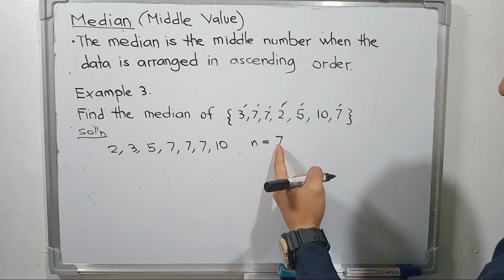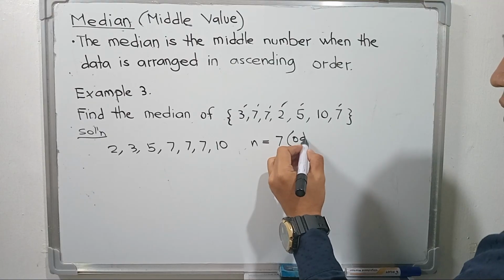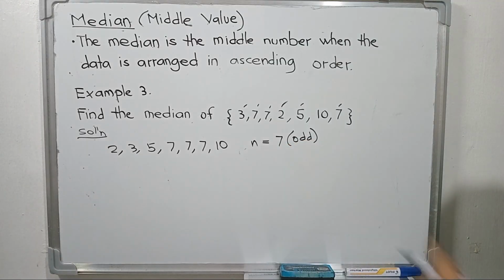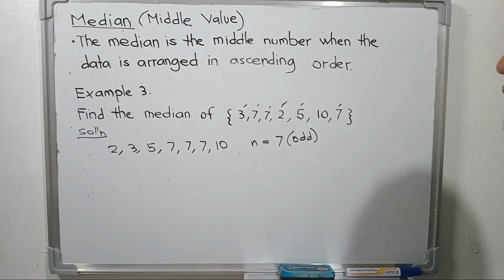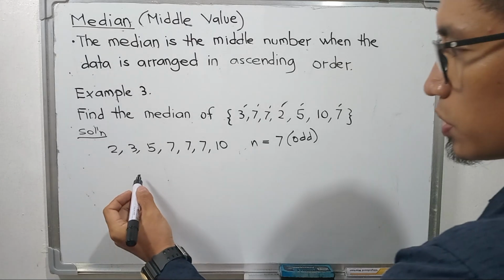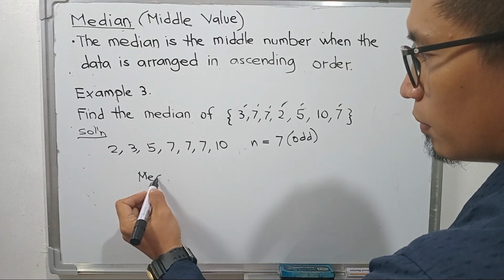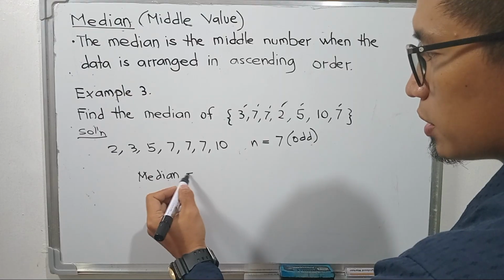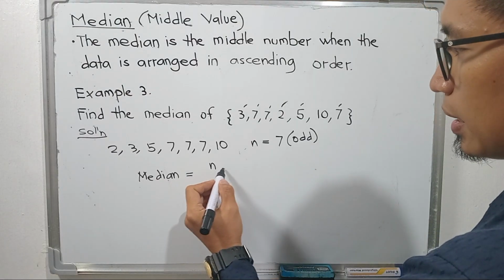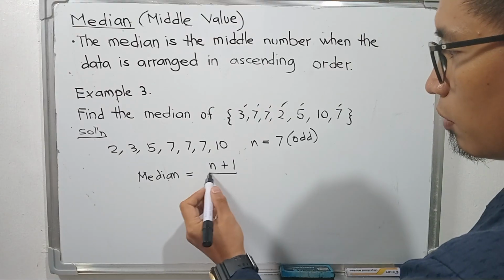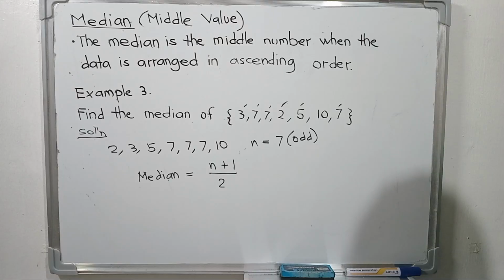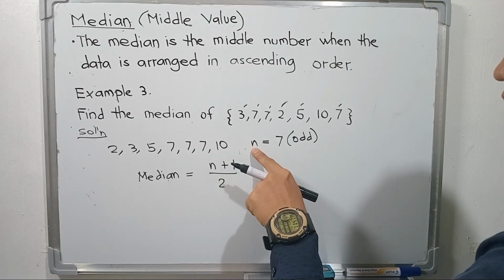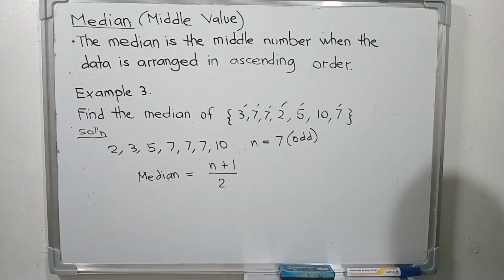Now take note that n is an odd number, right? 7 is an odd number. So in this particular case, to solve for the median, we will use the formula median is equal to n plus 1 over 2. Remember, we only use this formula to solve for the median if our n, or the number of values in the data set, is an odd number.